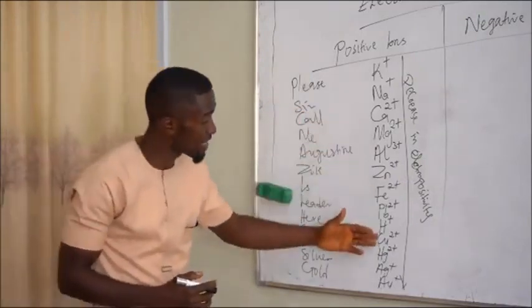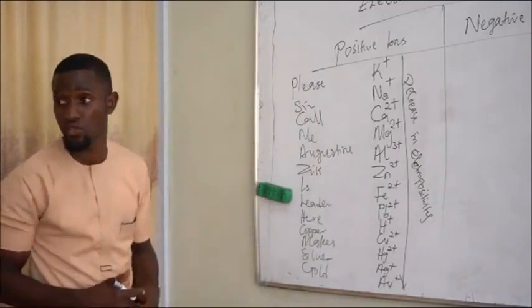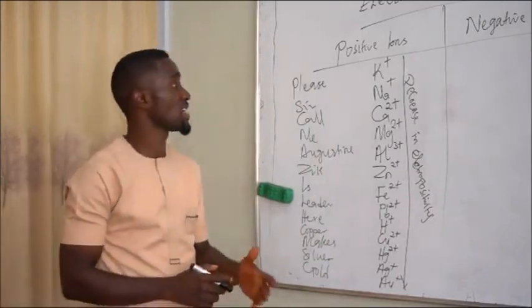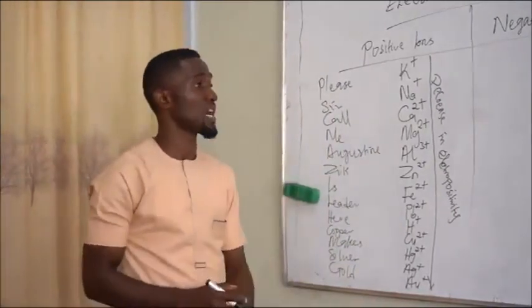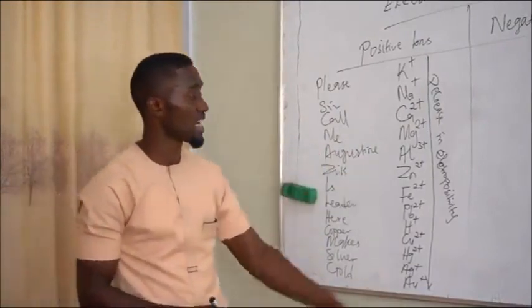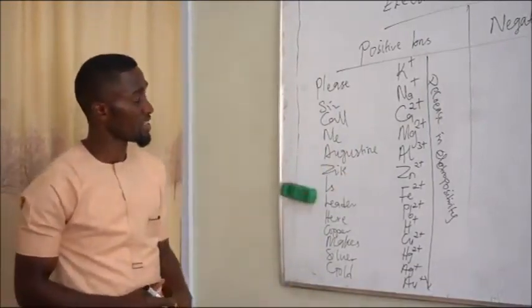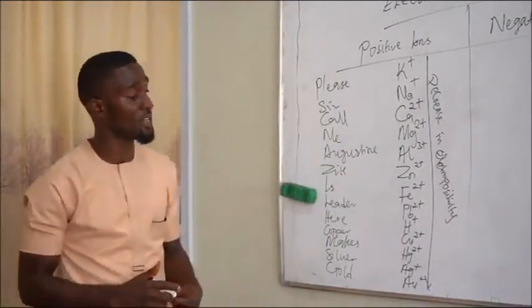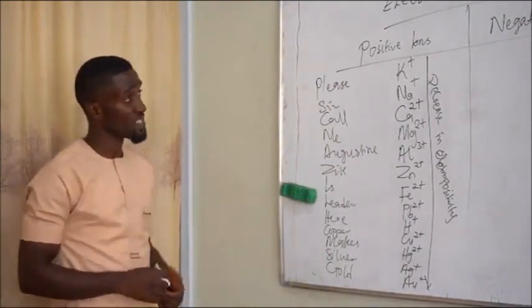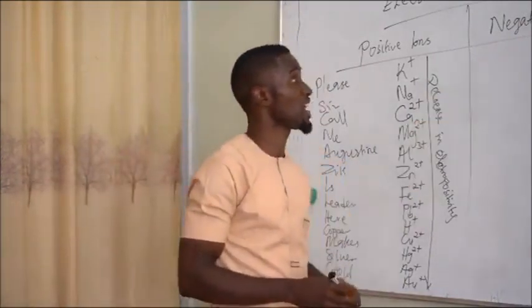The ions which are lower in the electrochemical series will be preferentially discharged at the electrode during electrolysis. Then we go over to negative ions.